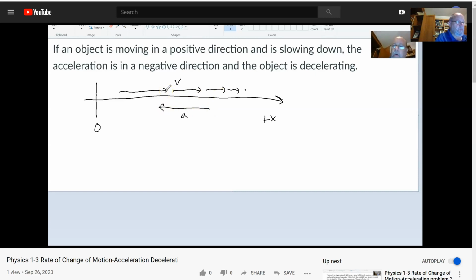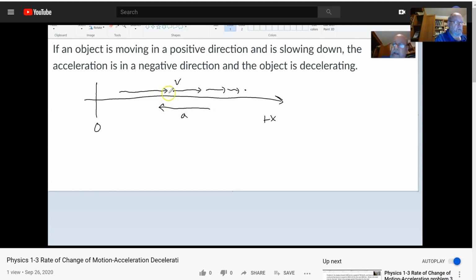Now, a way that we can always know what direction the acceleration is going in is if we write out what's happening to the velocity. If we make our acceleration arrow point toward the direction where the velocity lines are getting larger, then that will always be the case.